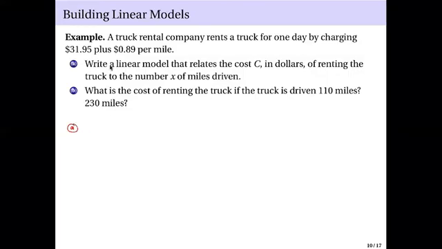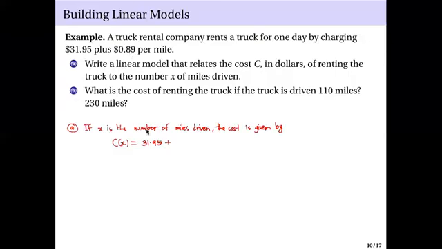So for letter A, we already have the representation for the cost, which is C. So if X is the number of miles driven, the cost is given by C of X. This is equal to, so we have a fixed rate here, 31.95 plus 89 cents per mile.